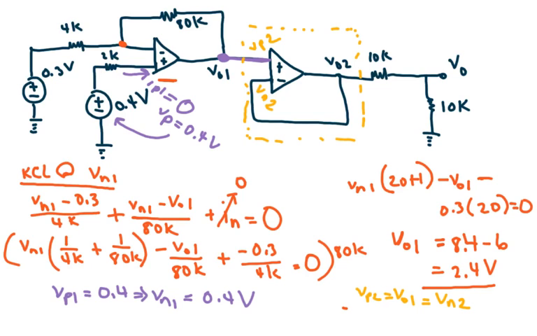Okay, and now since this voltage is tied directly here, we know that VO2 will also equal Vn2, so that is going to equal that 2.4 volts. Now that we have that voltage, okay, we can use that to find V out.